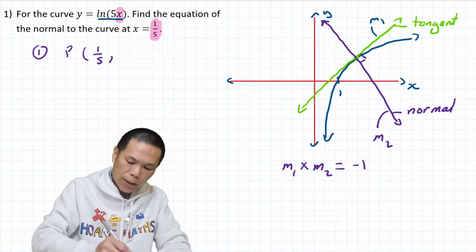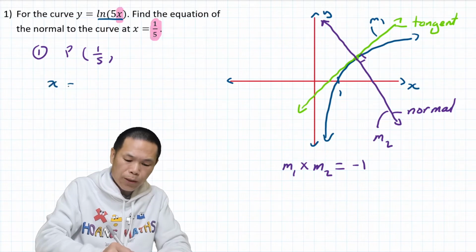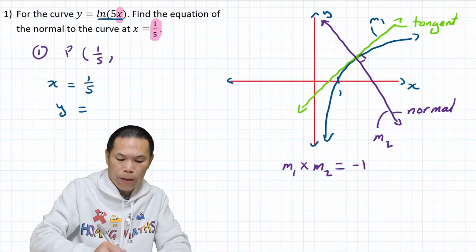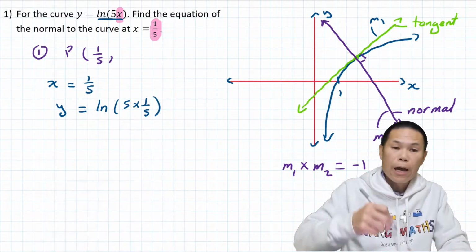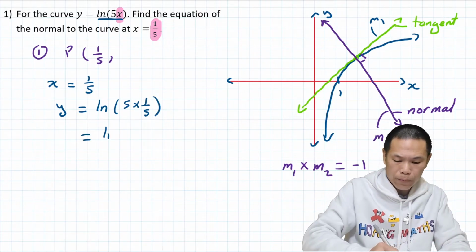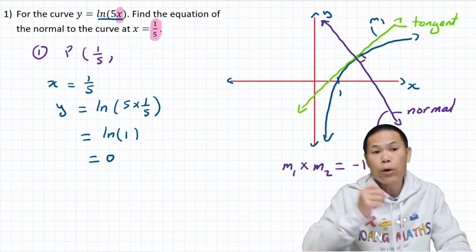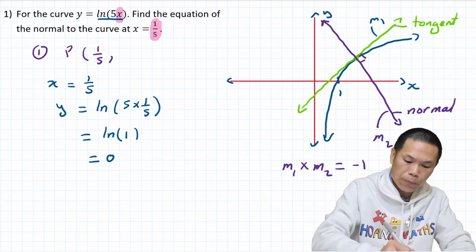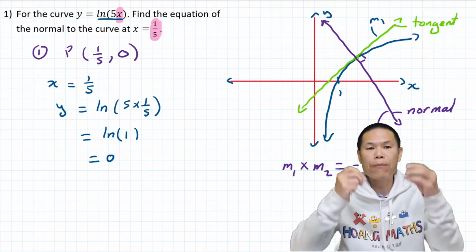So when x is equal to 1/5, the y value will give me ln of 5 times 1/5. And 5 times 1/5 is 1, and we know that ln 1 is 0. So therefore, the point is (1/5, 0). There you go, so we have the point.